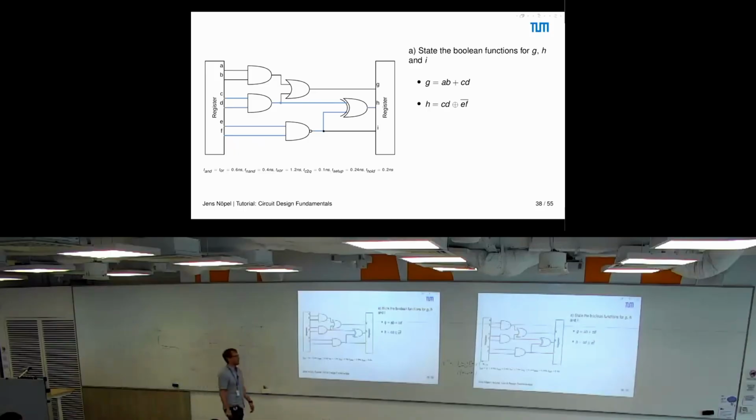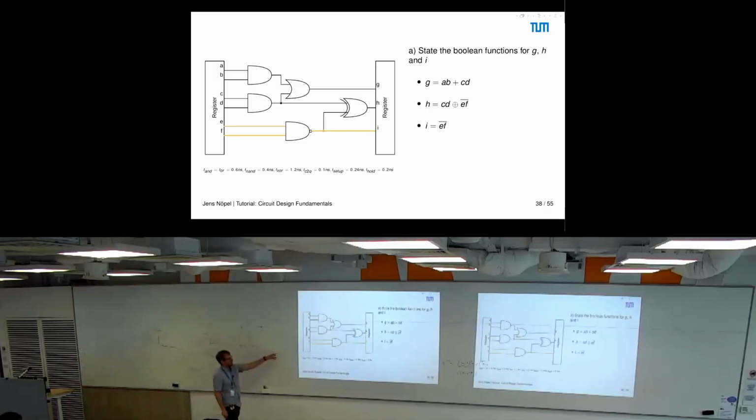And this gate here is a NAND gate, so we have a NOT: CD XOR NOT EF. And the third one is I, very simple, just the NAND gate, so NOT E and F.